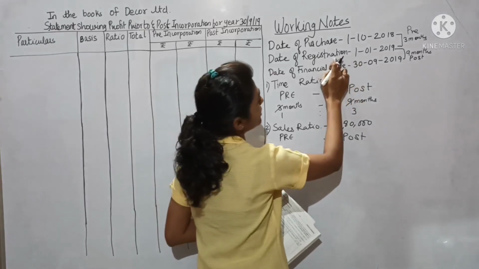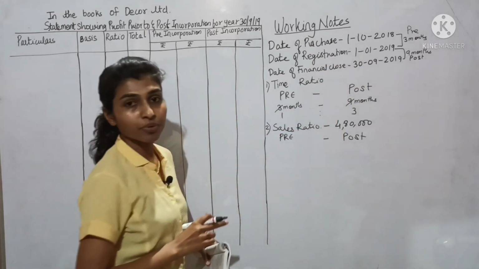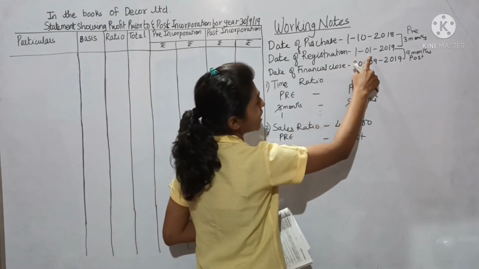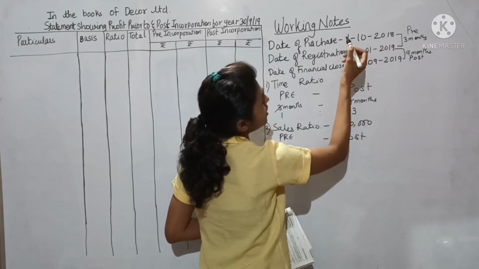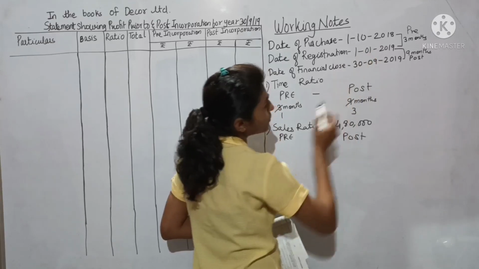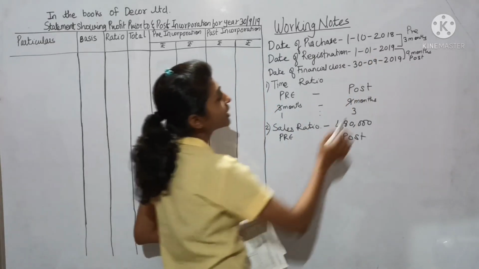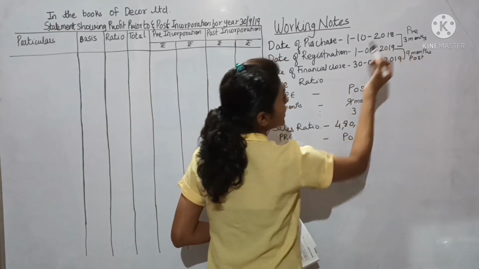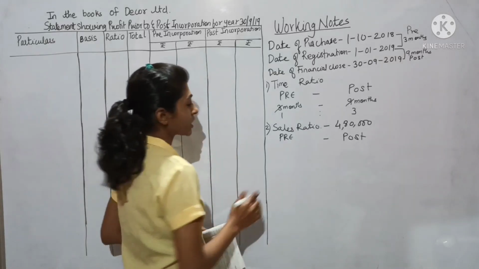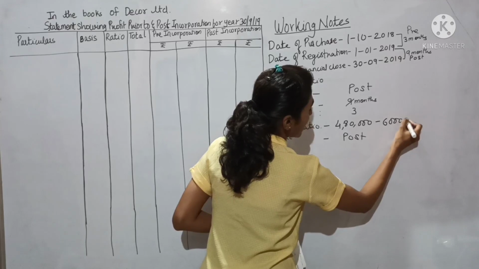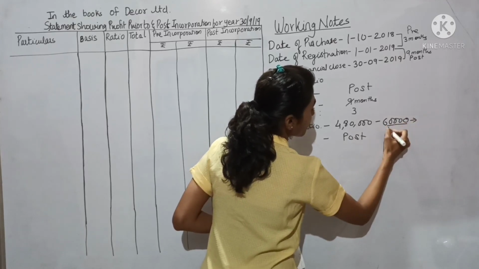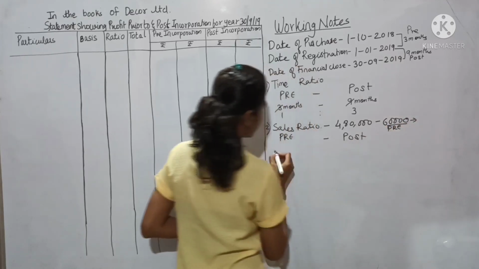That means incorporation of the company happened on 1st January 2019. So from 1st October to 31st December 2018, the sales for pre-incorporation is 60,000. So this 60,000 is related to pre-incorporation.